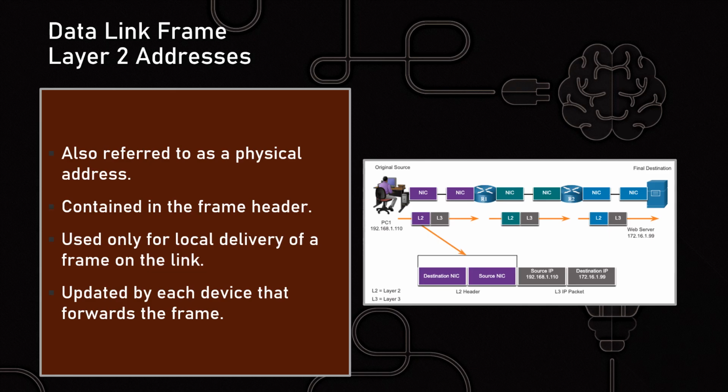Layer 2 addresses, also referred to as physical addresses, are contained in the frame header and are used only for local delivery of a frame on the link. They are updated by each device that forwards the frame, so that means as it goes from our host to R1, our source is going to be that first host and the destination will be R1. When it arrives at R1, we then change the source MAC address to the MAC address for R1's outgoing interface.